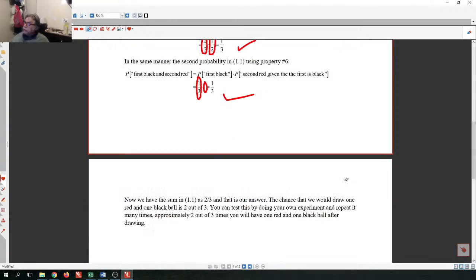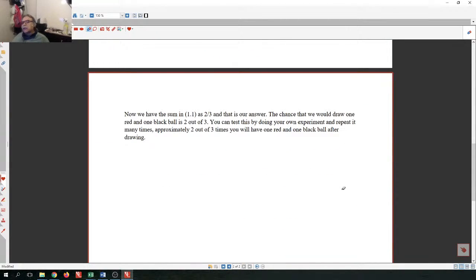Now if you don't believe that, you can do an experiment. Find a box. If you don't have balls, maybe you can get table tennis balls and just write on them: red number 1, red number 2, black number 1. You don't have to color them. Put them in a box and draw at random, twice: first ball, second ball.